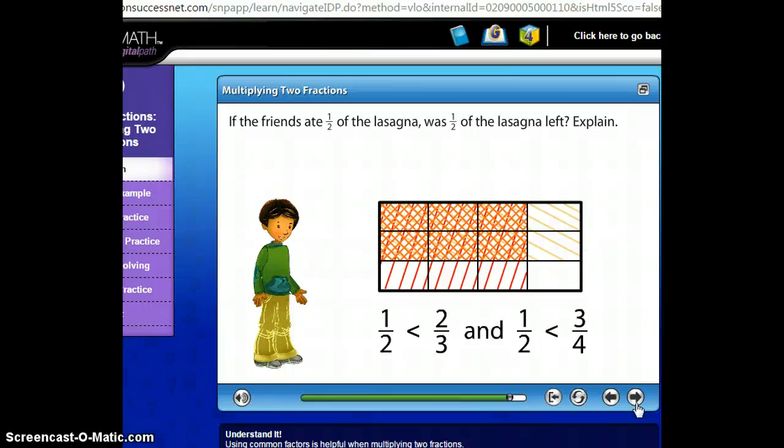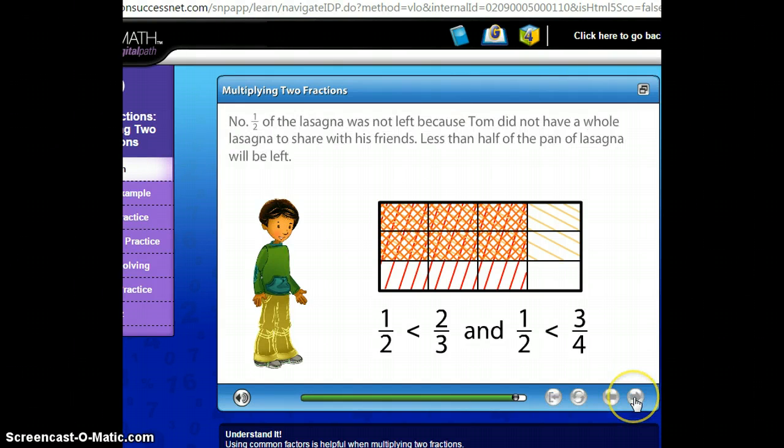Macy? No, because it didn't start out as a whole lasagna. Right. You didn't have the whole lasagna to start out with. So no. No, 1/2 of the lasagna was not left because Tom did not have a whole lasagna to share with his friends. Less than half of the pan of lasagna will be left.